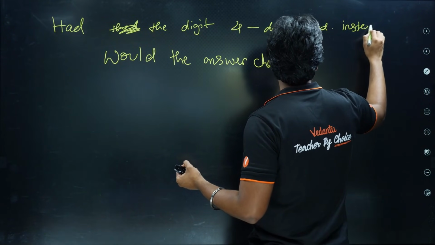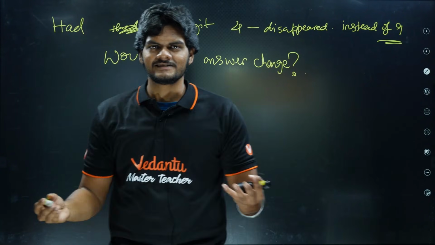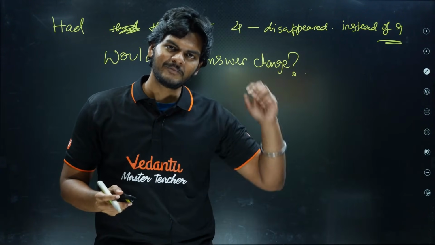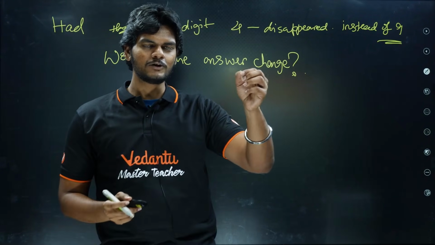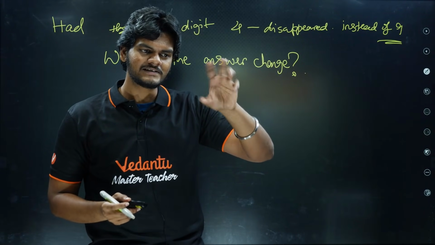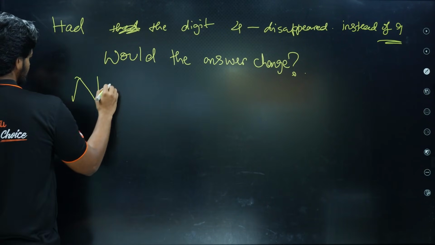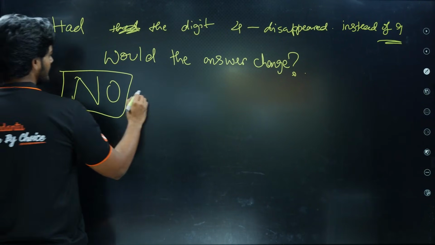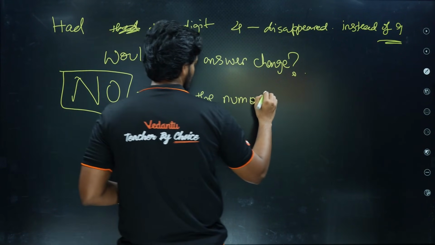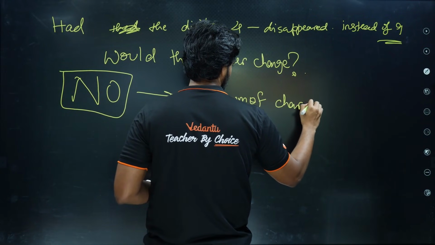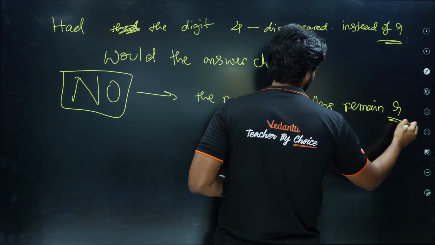The answer would not change because the number of characters remains the same. It is just the mechanical thing that it is rotating per kilometer, it rotates once, right? So the answer is no, because the number of characters remains 9.